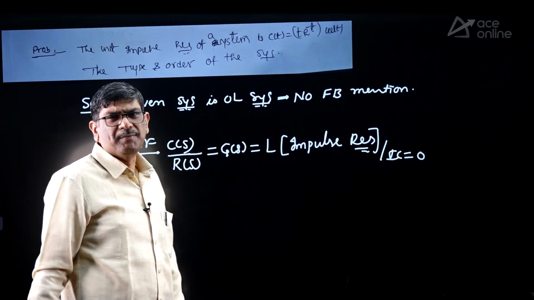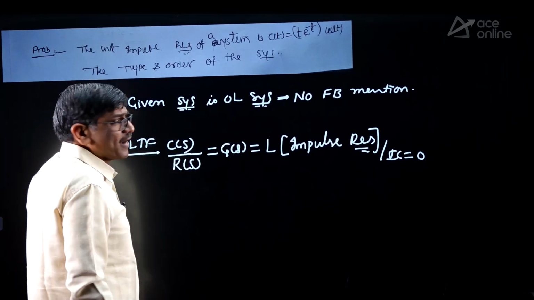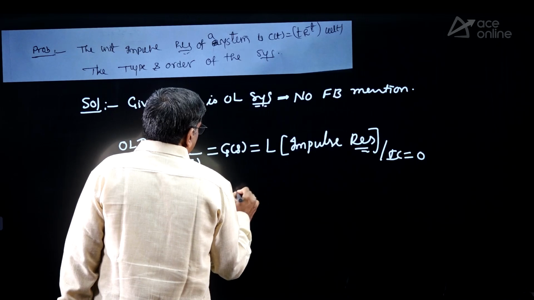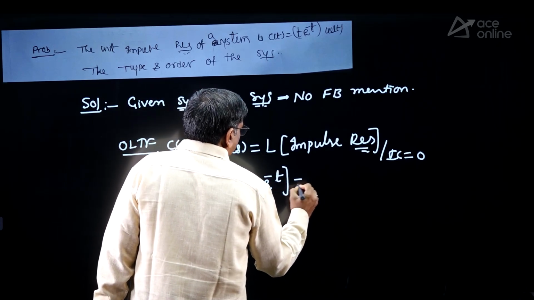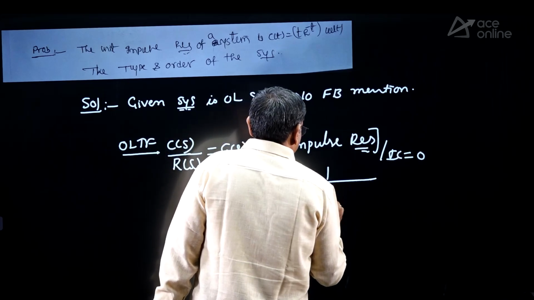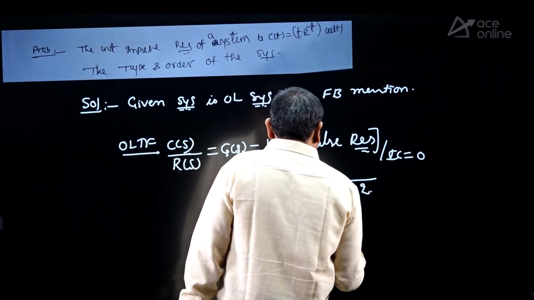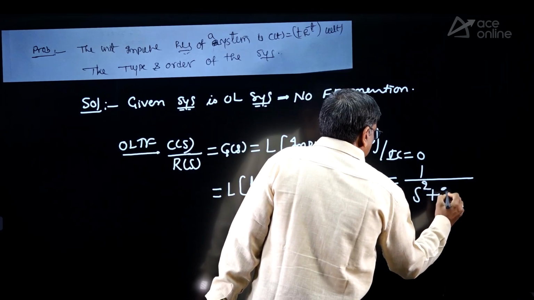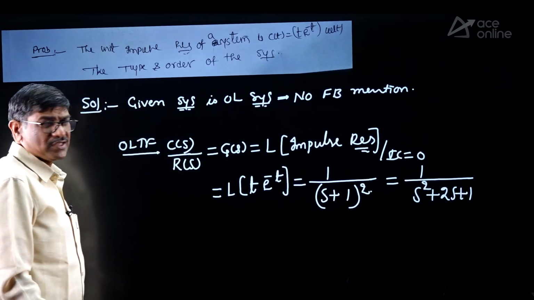Previously I took it with feedback so that you come to know the difference. So here without feedback, it is an open loop system. Apply Laplace. What will I get? Laplace of t e power minus t equals 1 by s plus 1 whole square. That means you are getting 1 by s square plus 2s plus 1.